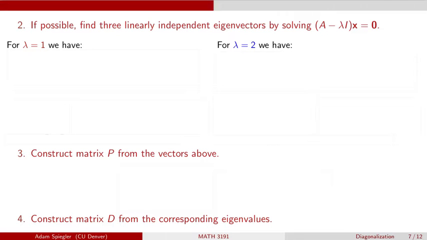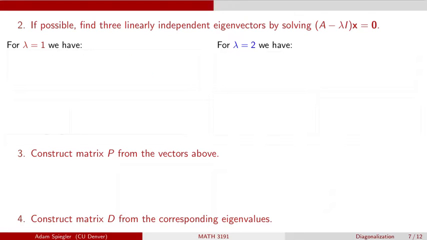And then if we have enough eigenvectors, we can construct the matrix P from these eigenvectors and then identify what the corresponding diagonal matrix D is going to be, which is similar to the matrix A that we started with. So let's start by finding eigenvectors for the eigenvalue lambda equals 1, which had multiplicity 1.